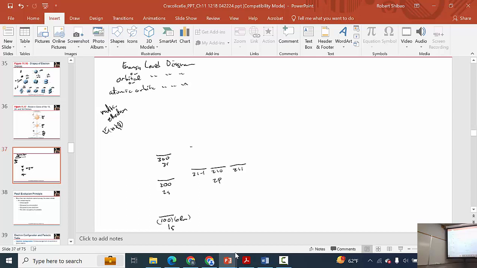I could have l equal to 1. If I do l equals 1, that's going to give me my 3,1,-1, 3,1,0, and 3,1,1. These are my 3 p's. But in addition to l equal 1, I could also have l equals 2. But a funny thing happens, and we have to look at this energy pyramid here.